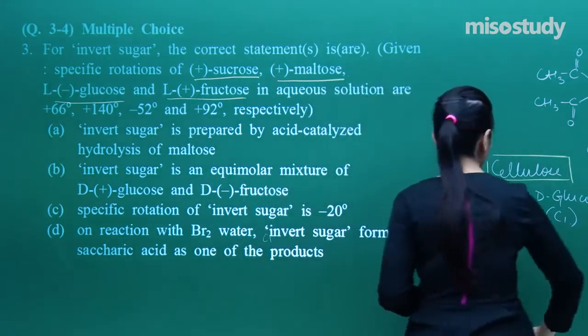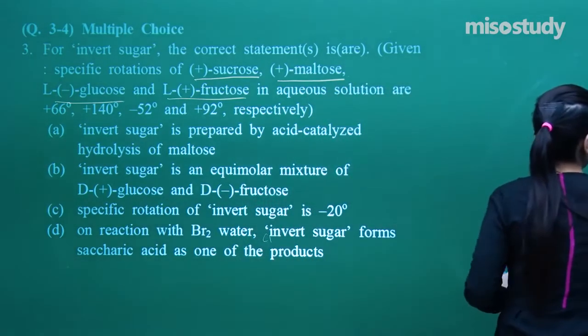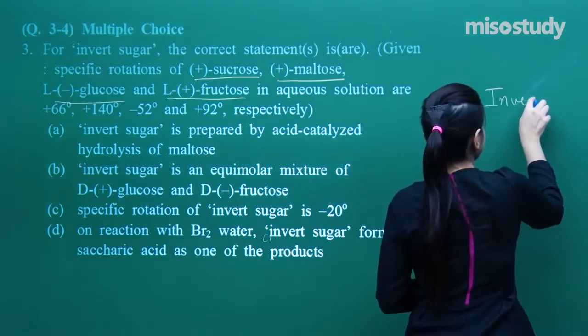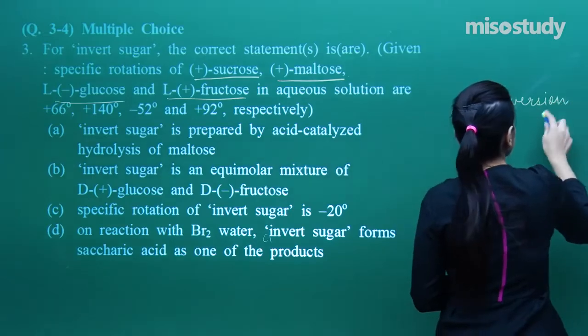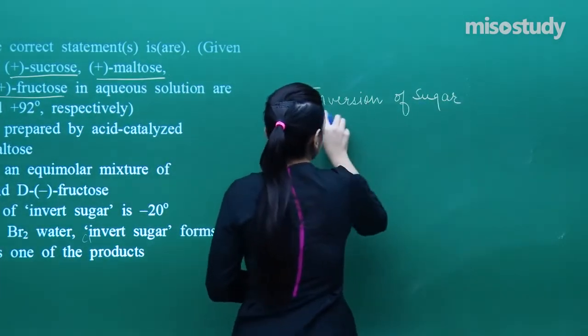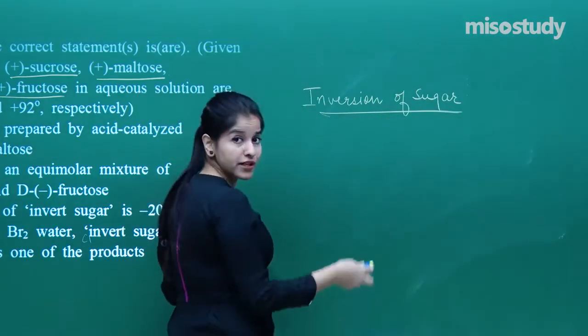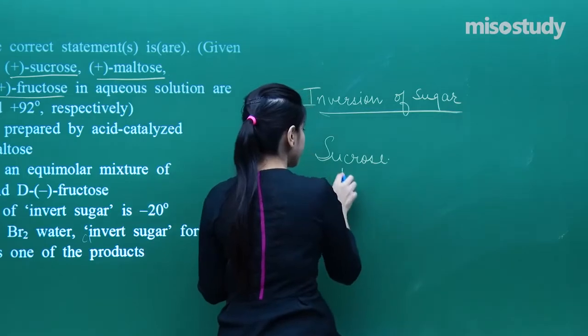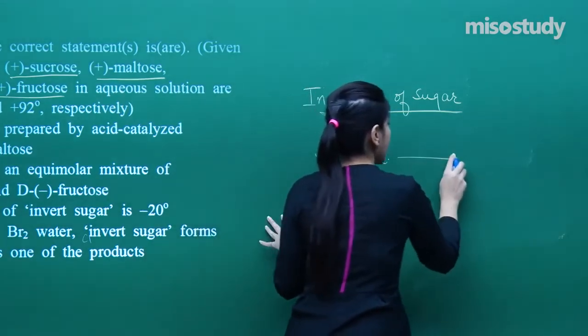So always remember that whenever I am dealing with inversion of sugar, what we call here sugar is sucrose. So here we take up D-sucrose and what do we get?